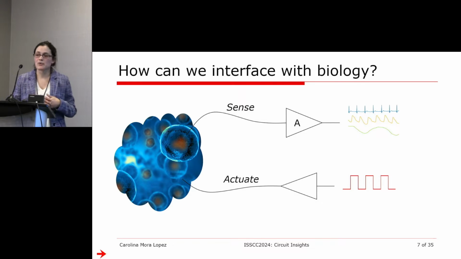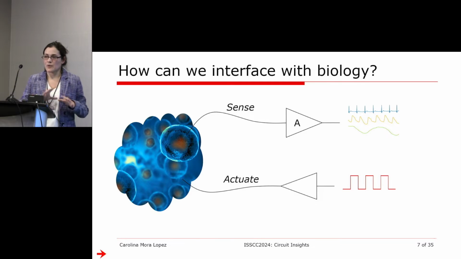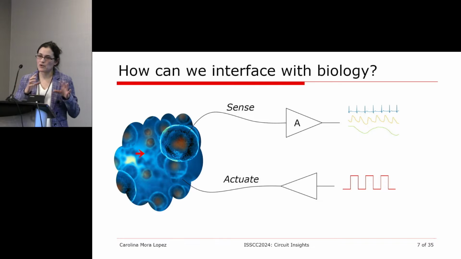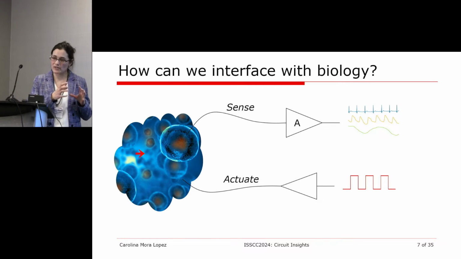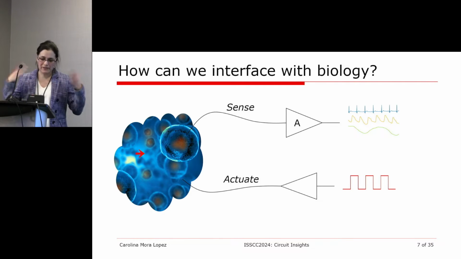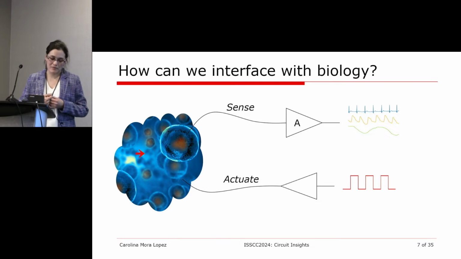How do we interface with biology? We can do this in two different directions. On the one hand, we can sense, we can read important information of this living organism for different purposes. For example, we can try to understand how it works, we can try to diagnose a disease by reading this information, or we can try to study or monitor a certain disease that is already there.